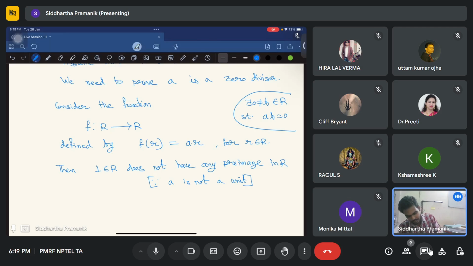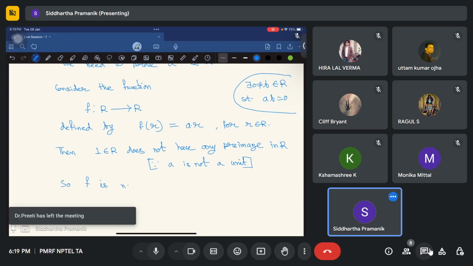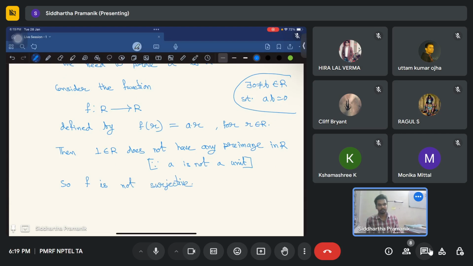So this means the function f is not surjective. Okay, I hope this is clear.